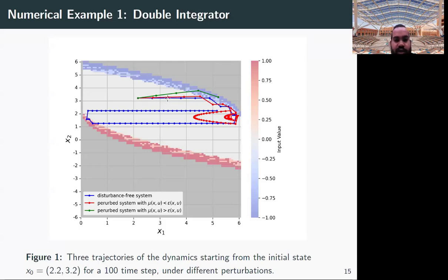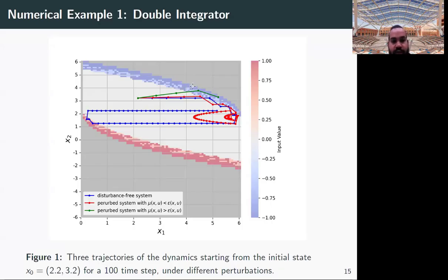The first one, the blue one, is the nominal trajectory, so it is the dynamical system without any disturbance. We can see that the blue trajectory remains inside this colored region, which means that we satisfied the specification. The second trajectory is the red one, and we can see that it also satisfied the specification because it remains inside the colored region.